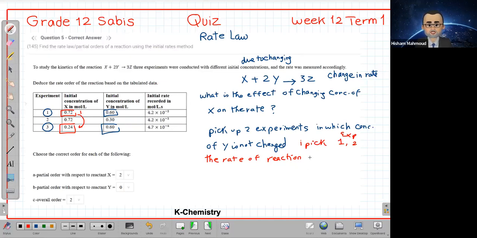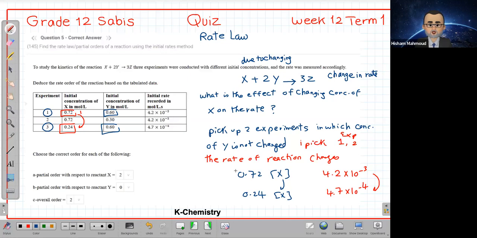The rate of the reaction changes from 4.2 multiplied by 10 to the power of minus 3 to 4.7 multiplied by 10 to the power of minus 4, and X changes from 0.72 to 0.24. So let's see what happened here.